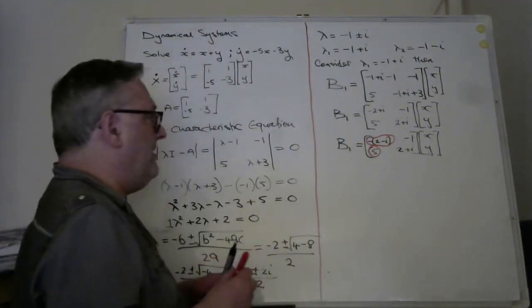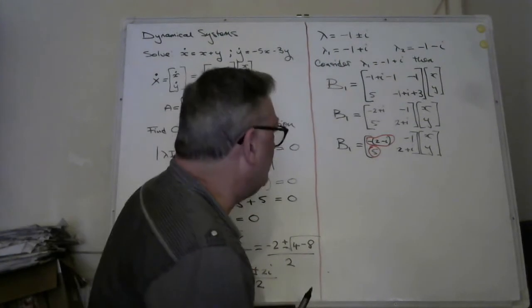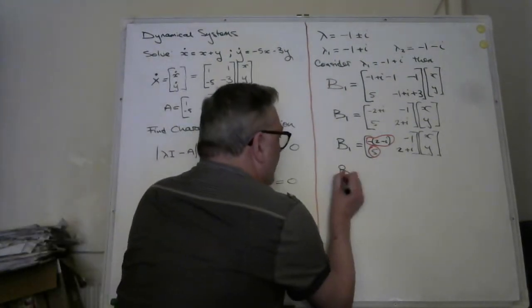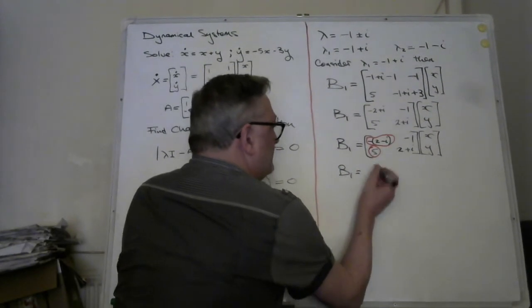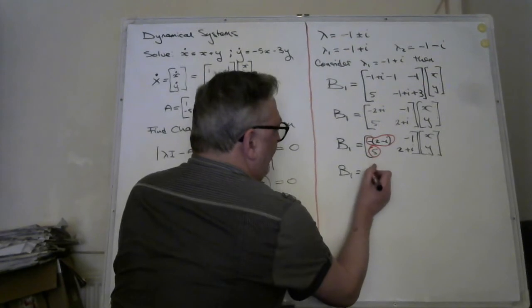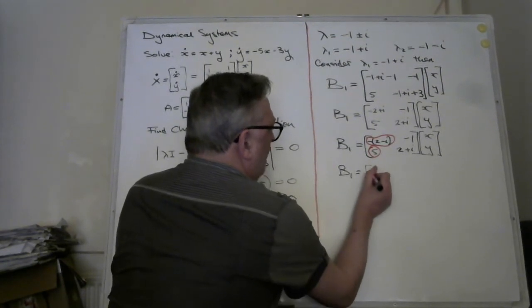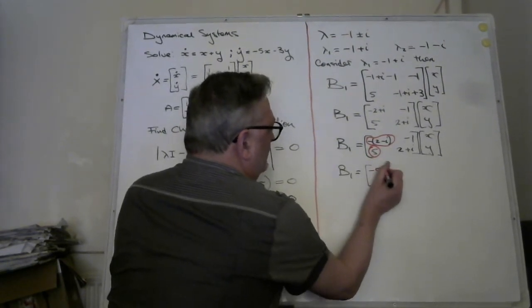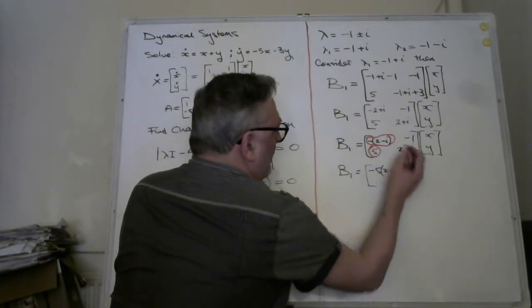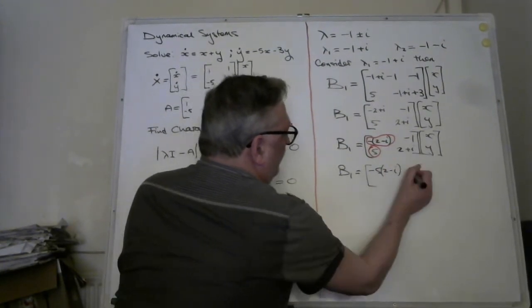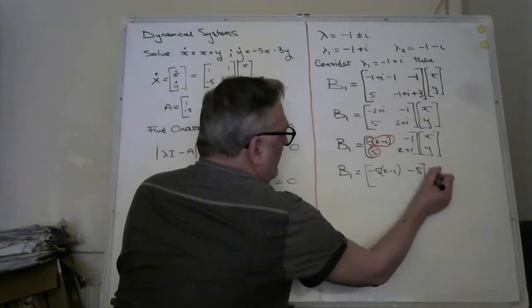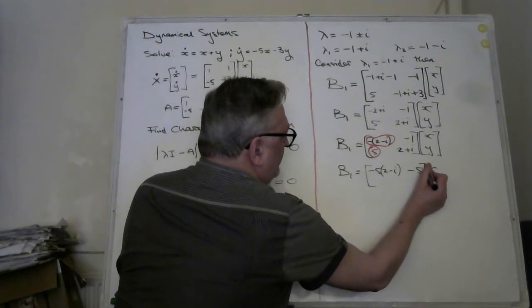So what you get if you do that is you obtain B1 is equal to, well, 5 times minus 2 minus i you can just leave as minus 5 times 2 minus i. Minus 1 times 5 is just minus 5. And then we've got our xy vector there.